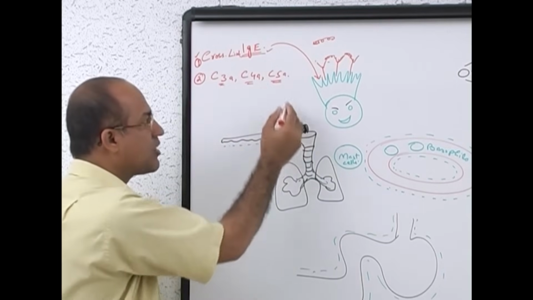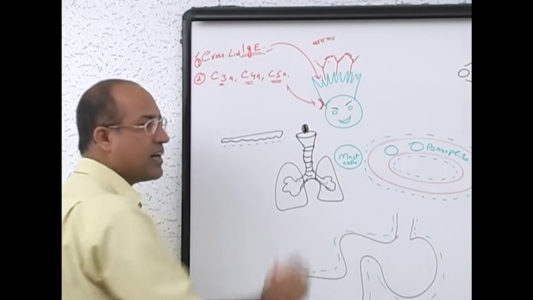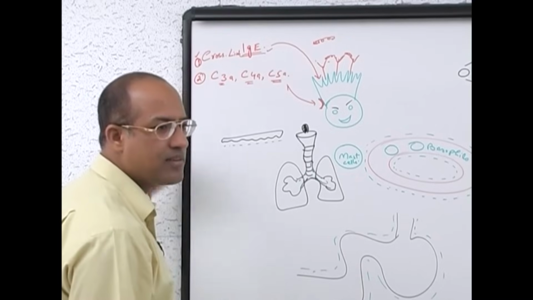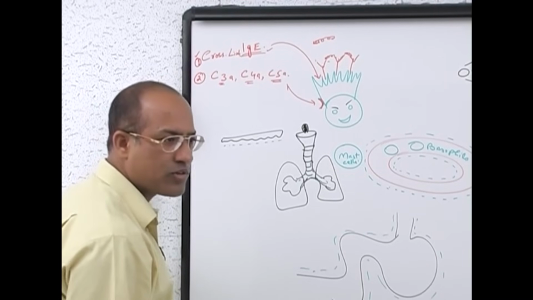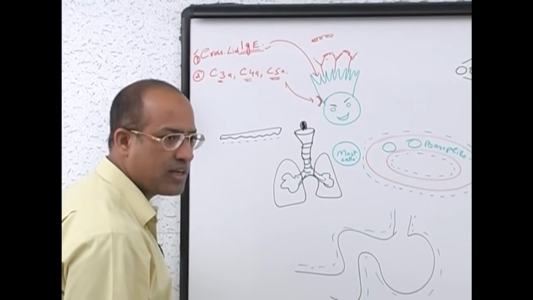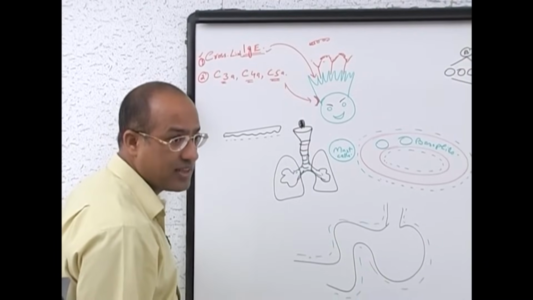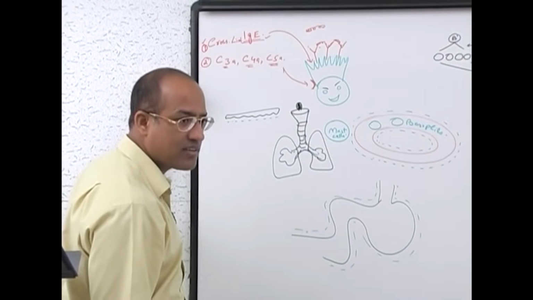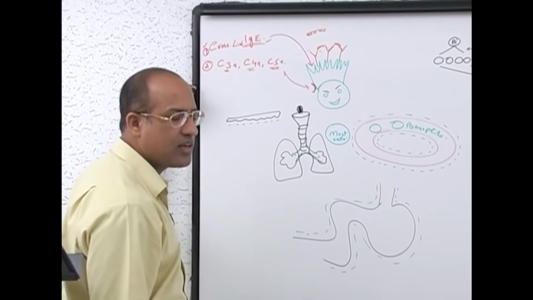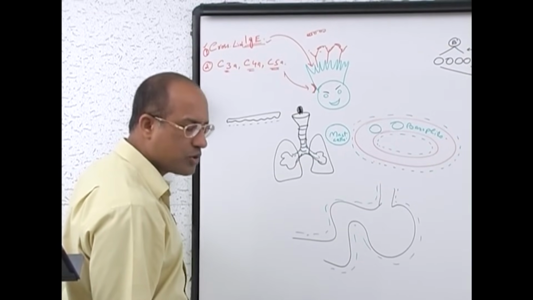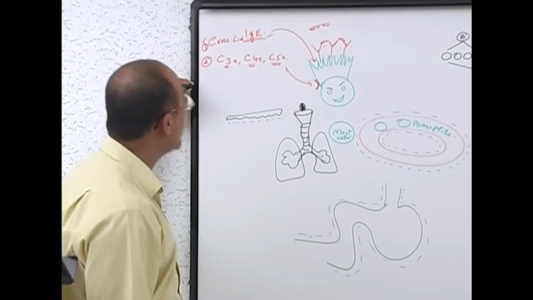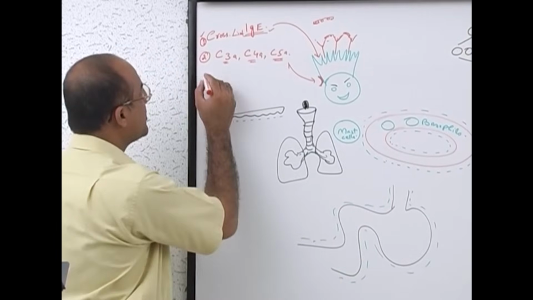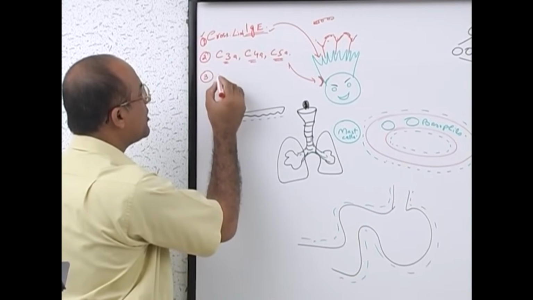These substances can also stimulate mast cells. Mast cells have receptors for complement components, especially C3a and C5a, and when during inflammation C3a and C5a are produced, they can activate the mast cells.